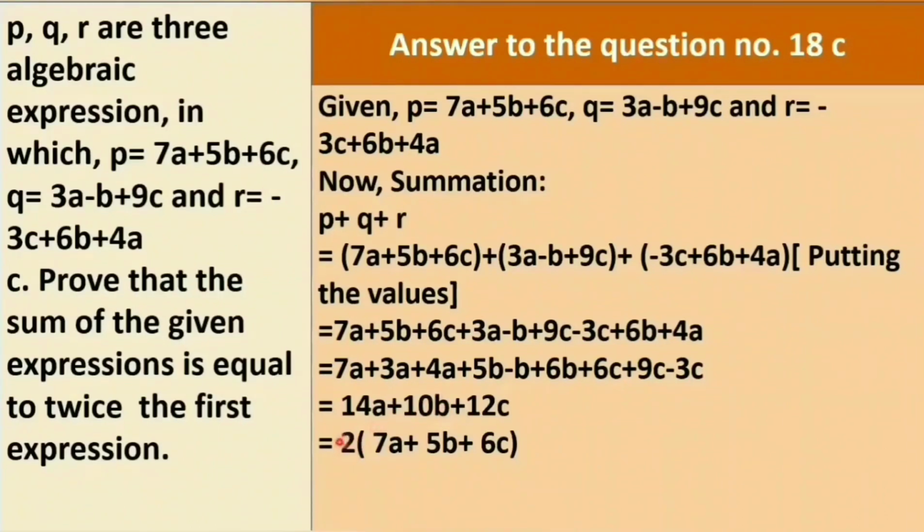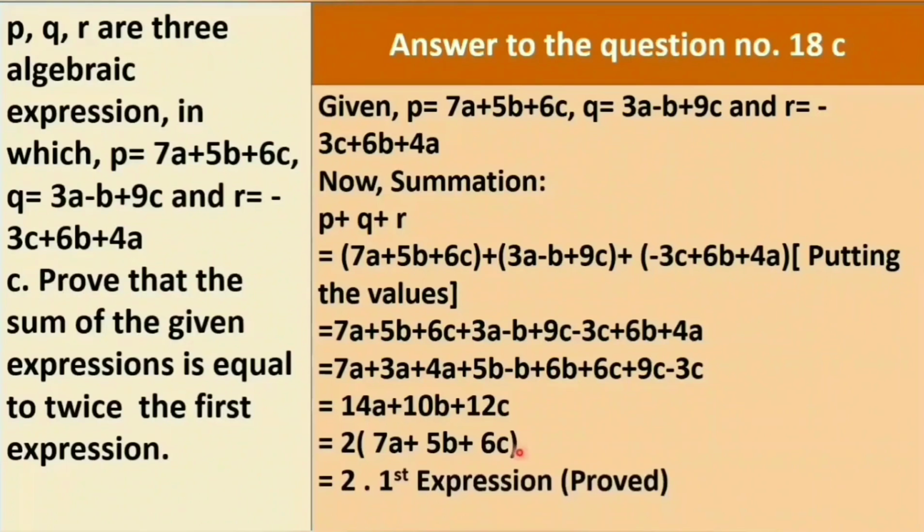So if you take 2 common, it will be left with 5b. Then the sign, you will give that sign. Again, as you have taken 2 common, if you divide 12c by 2, you get how much? 6c. So 6 times 2 is 12, and here there is a c.